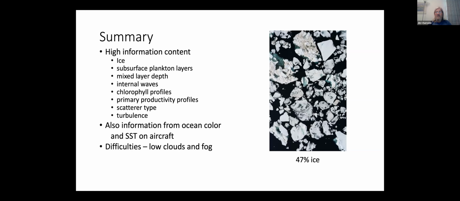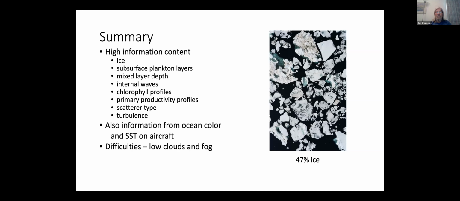We also get information from ocean color sensors, and these are multispectral, not hyperspectral, and sea surface temperature on the aircraft. The main difficulty in flying in the Arctic is low clouds and fog.